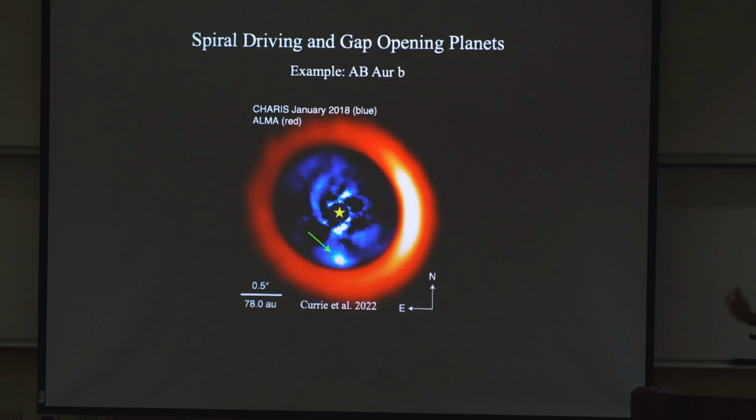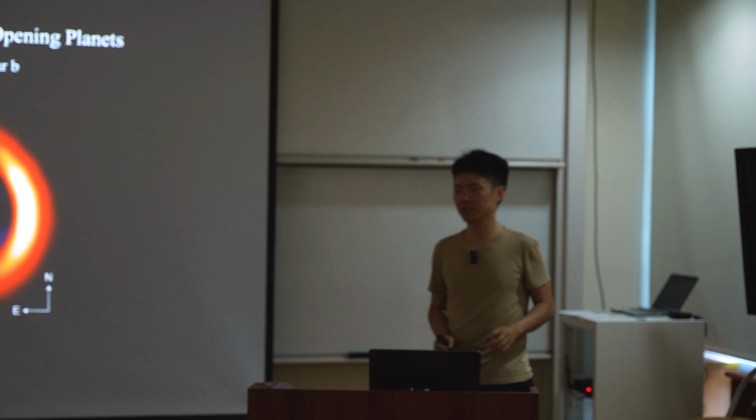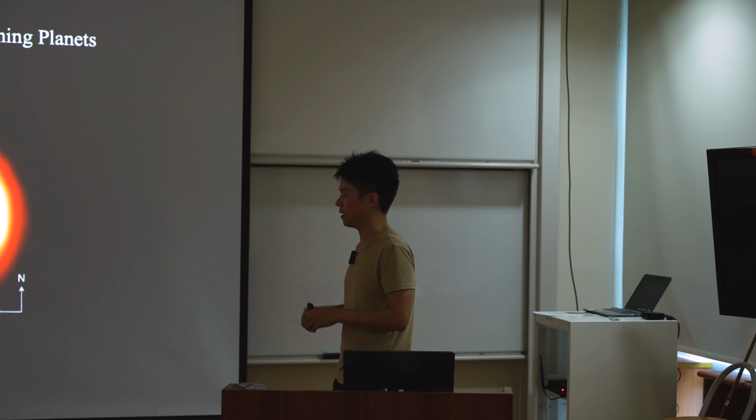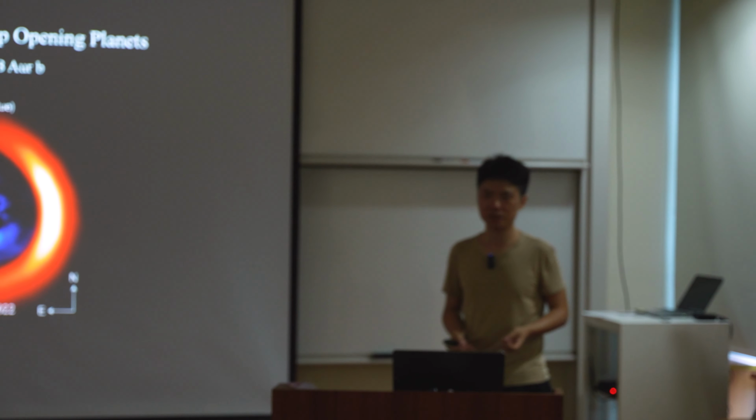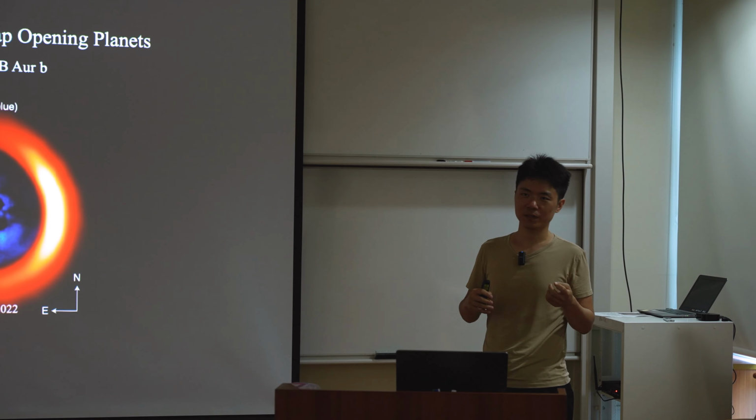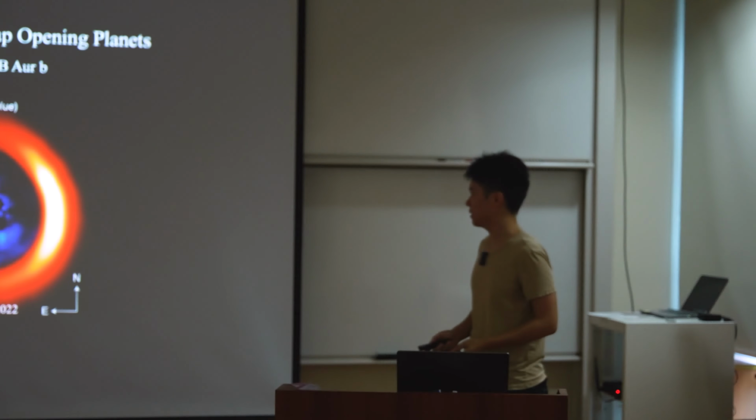Now, some of these planet detections are still sort of debated because people are debating whether the detections are robust. But the moral of the story is in a very small number of systems, planets have been found and they can produce these structures. But the tricky thing is those examples are very rare.